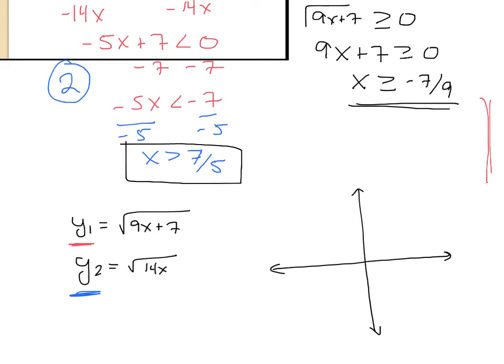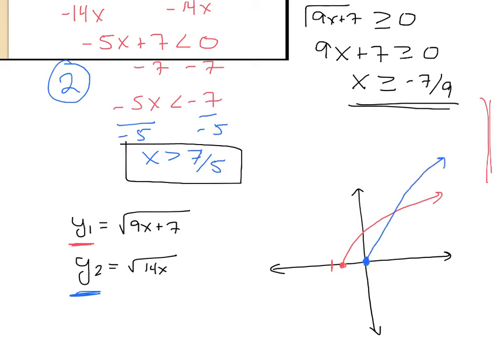So the negative 7/9 is going to be about right here, and this curve is going to kind of curve like this. Okay, very generic. Now our other one, which is the square root of 14x, is going to go like this.